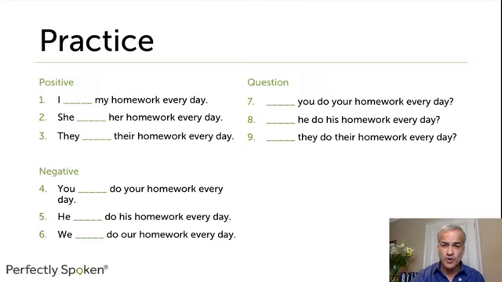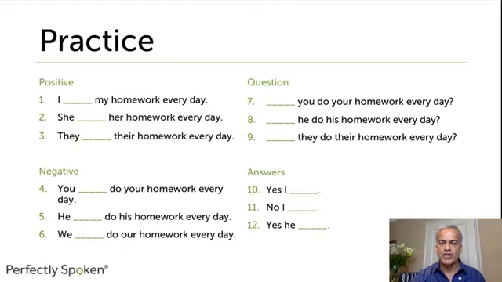So if it's you, he, they, what's the form of the verb? And the short answers, yes, I, no, I, yes, he.